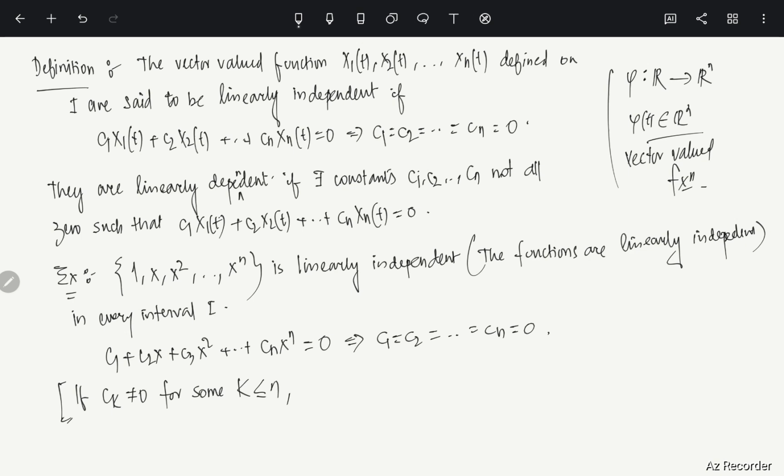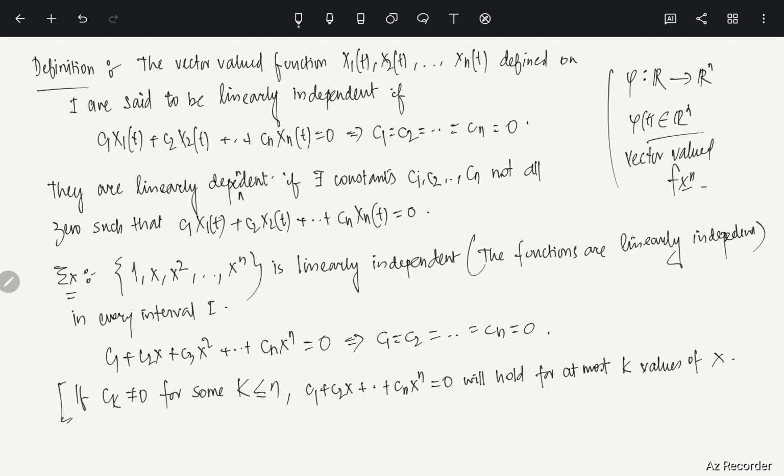You understand? If one of the ck's is non-zero, then this equation c1 plus c2x plus ... plus cn x power n equals 0 will hold for at most n values of x, right?